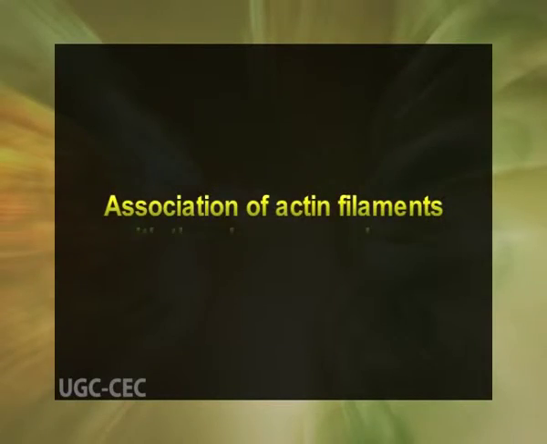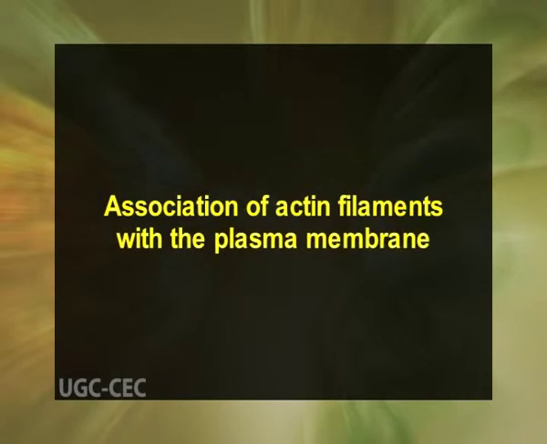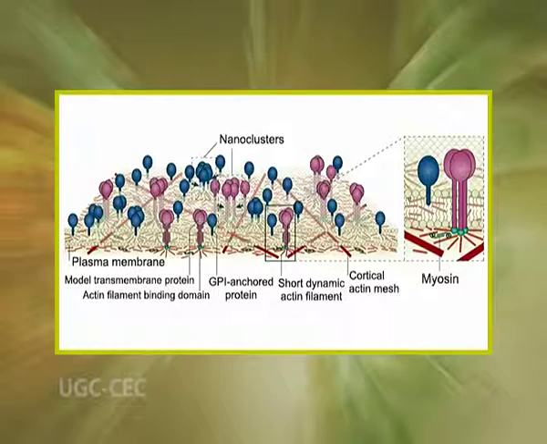Coming to our third objective, that is to discuss the association of actin filaments with the plasma membrane. The association of actin cytoskeleton with the plasma membrane determines cell structure and function.